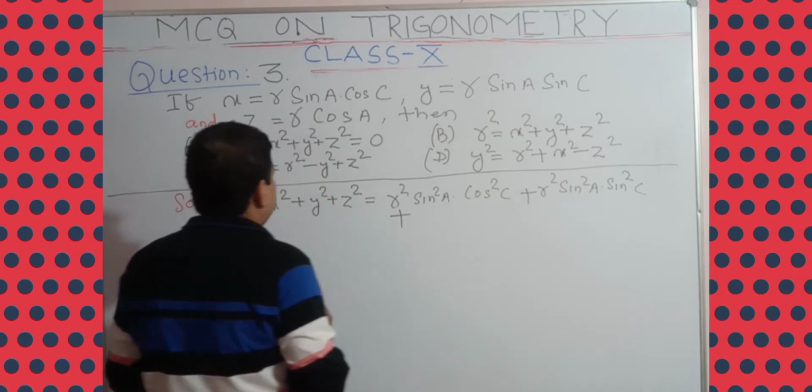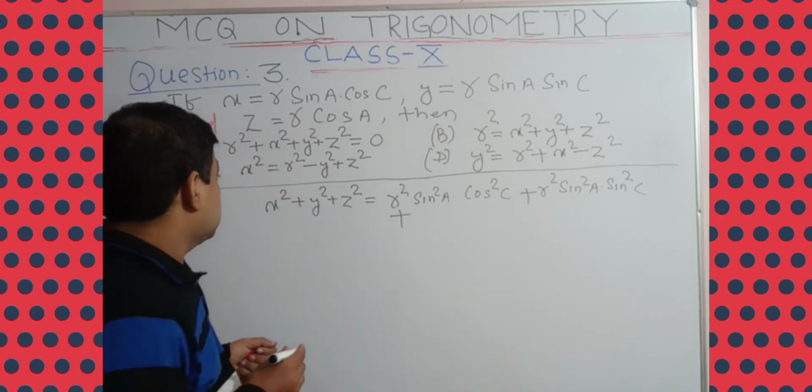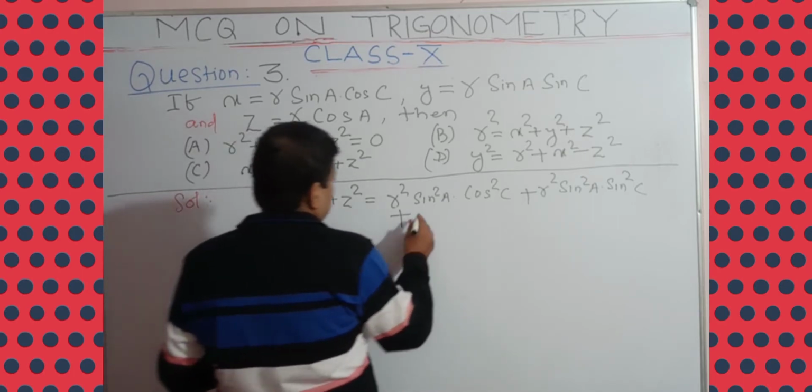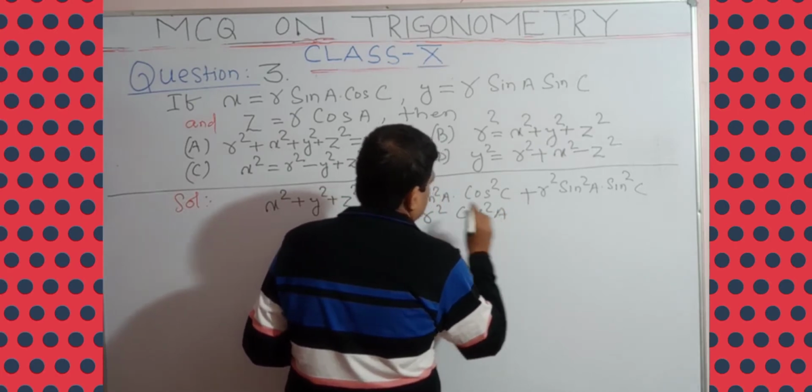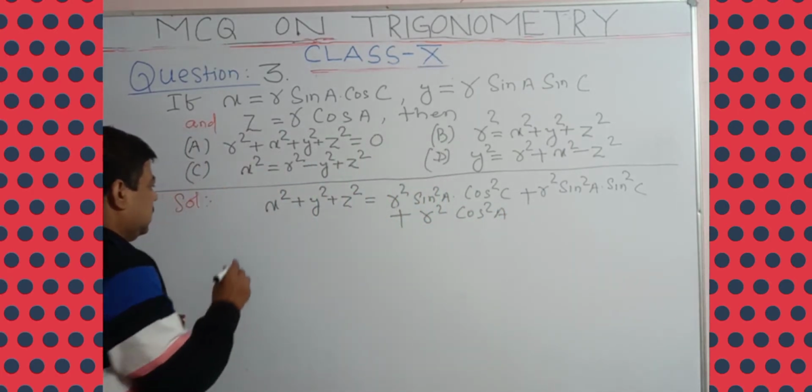The z value is given as r cos a, so squaring it will be r square cos square a. Understand? Is it clear?